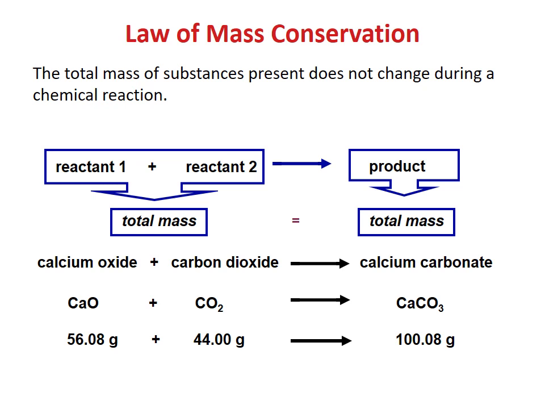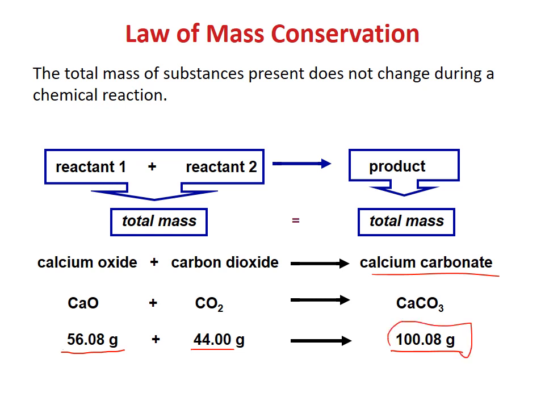Here is another example. When 56.8 grams of calcium oxide react with 44 grams of carbon dioxide, the product is calcium carbonate, and if you weigh it, it's 100.8 grams.